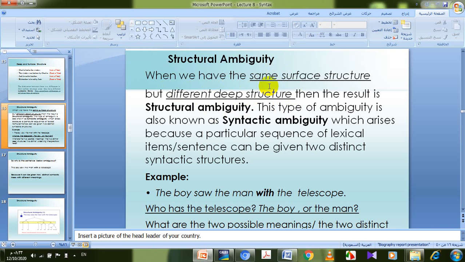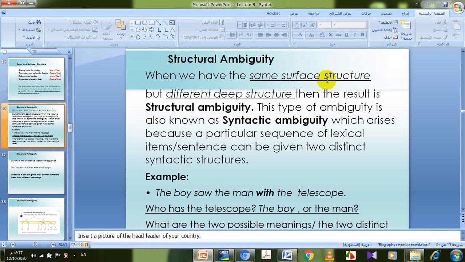But when we have the same surface structure but different deep structures, then the result is structural ambiguity. This type of ambiguity is also known as syntactic ambiguity.